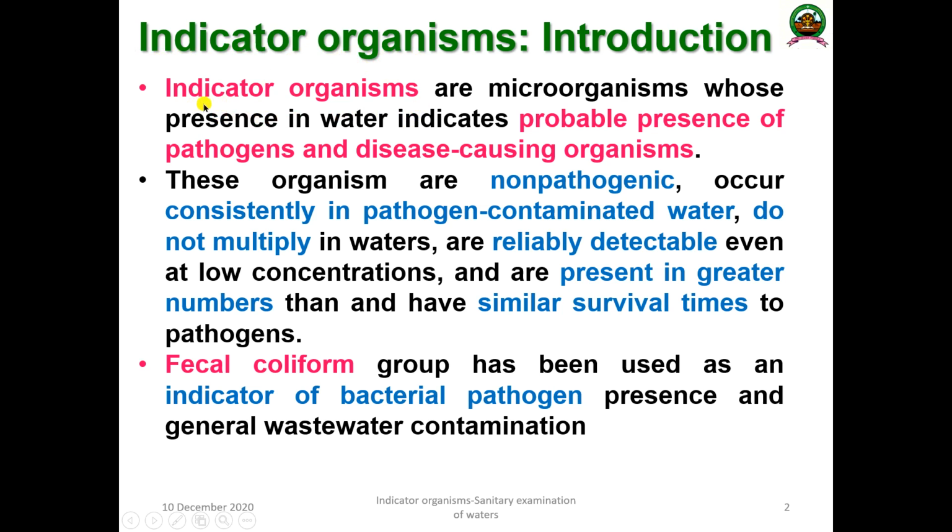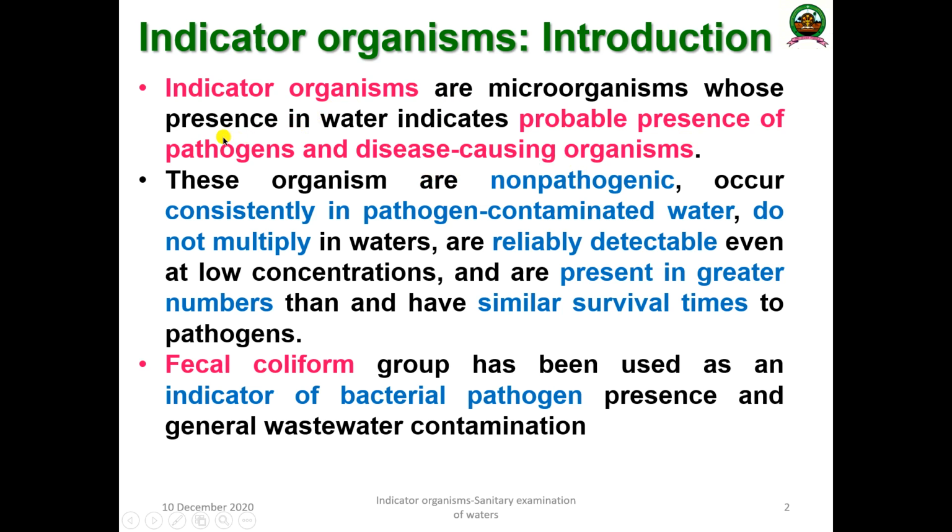Indicator organisms are microorganisms whose presence in water indicates the probable presence of pathogens or disease causing organisms. In the previous class we discussed that if you drink contaminated water, you will get so many diseases, especially bacterial diseases, waterborne diseases.